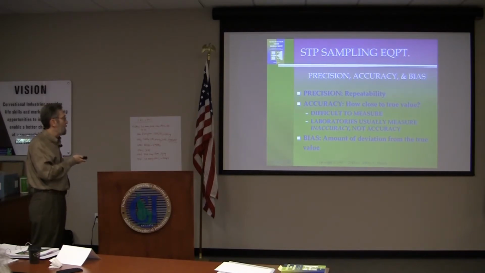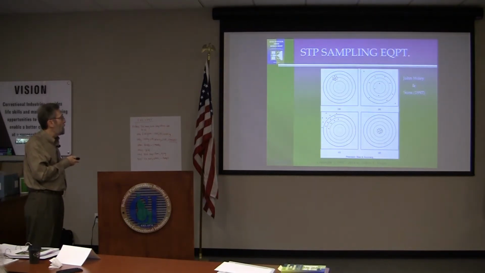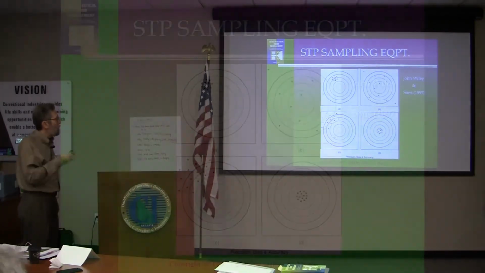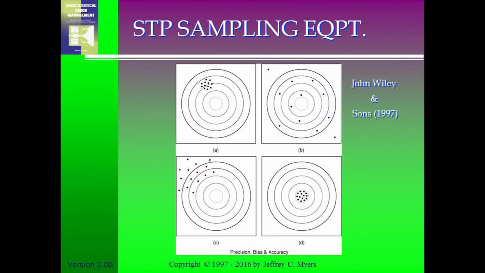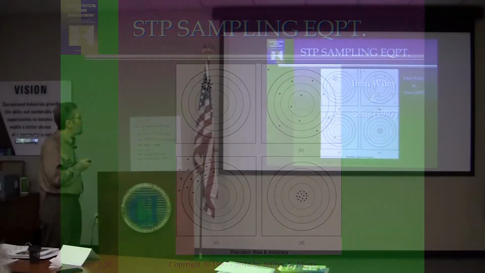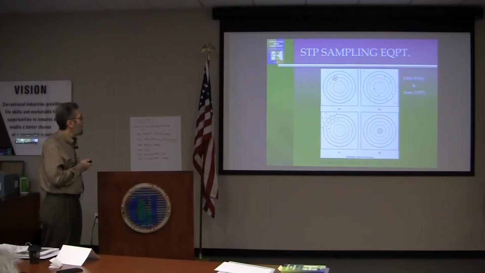You may have a little bit of compensation there, but in any event, the goal is to have high precision, high accuracy, and low bias. And so my analogy of the Texas Sharpshooter is really kind of how they represent the concept of precision, accuracy, and bias. If we look at this one, we have very high precision, but it's not very accurate.